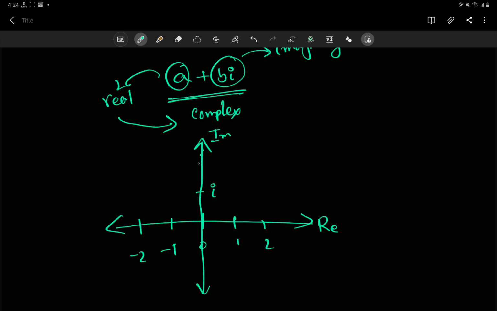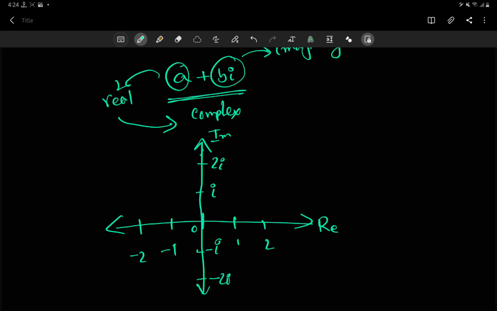We use i, 2i, and on the bottom we have minus i, minus 2i, etc., and it goes on forever. So in a sense, the imaginary number gives a new dimension to our number system.